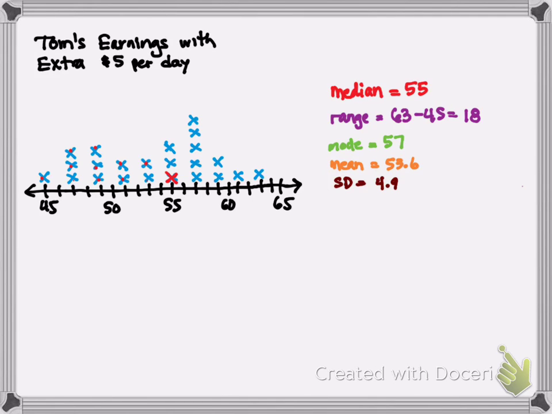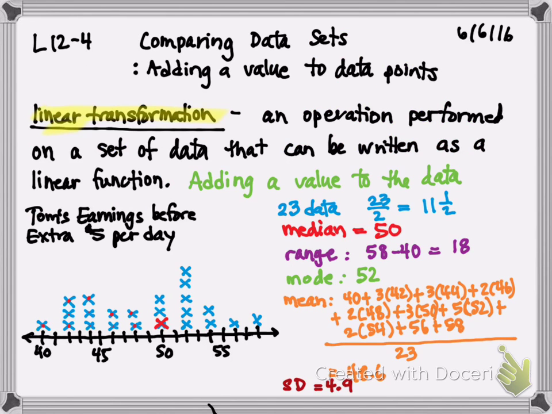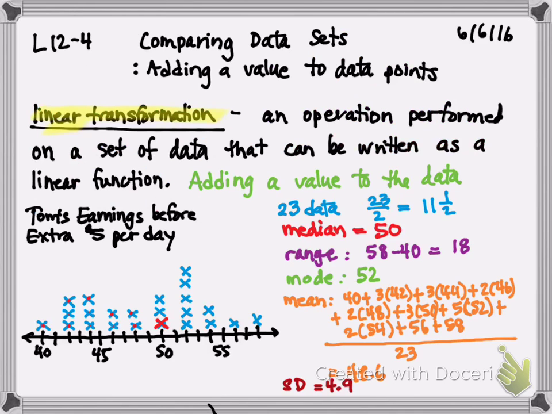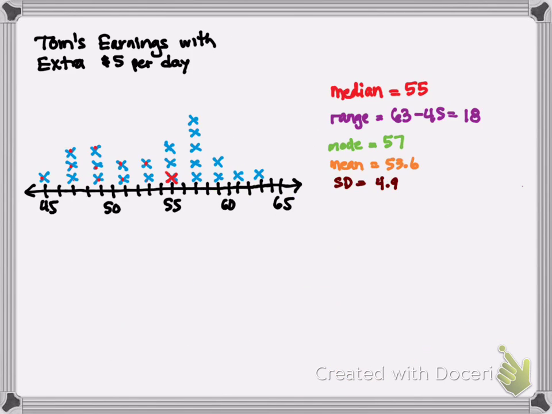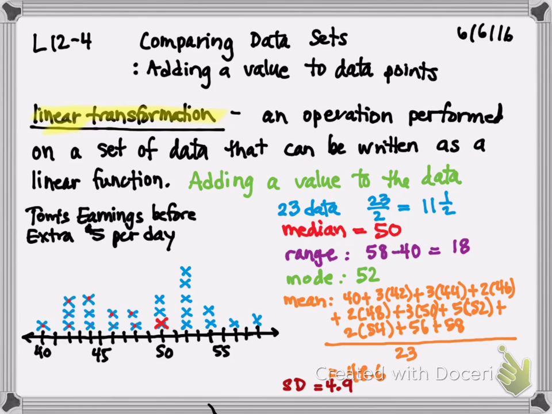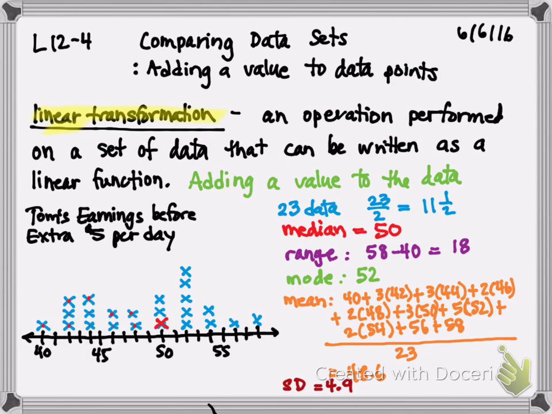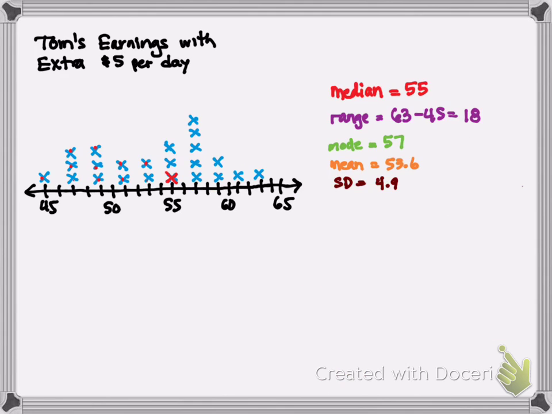His median with the $5 is now 55. Range originally was 18. Range is 18. Mode was 52. New mode with the additional $5, 57. Mean was 48.6. Now mean is 53.6. Standard deviation was 4.9. Standard deviation is 4.9.